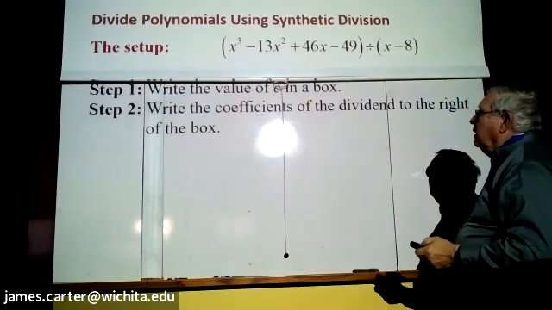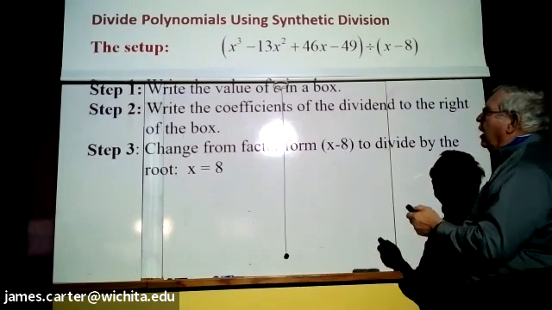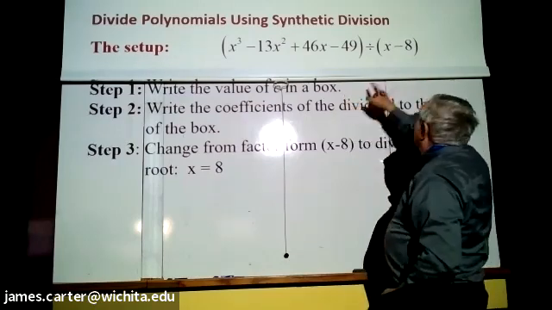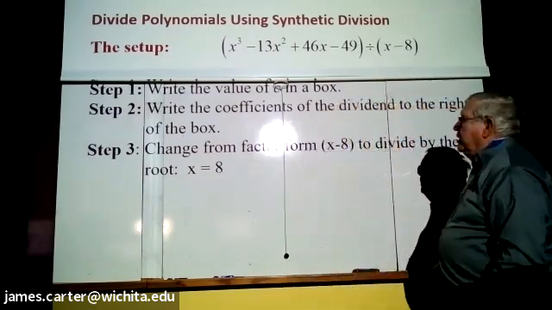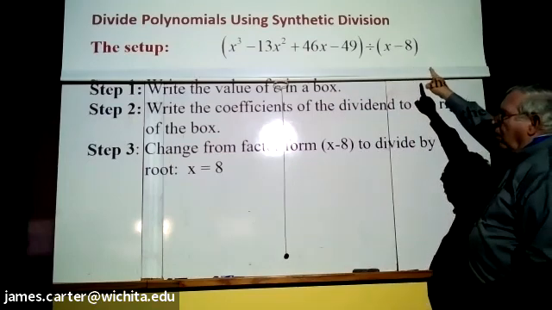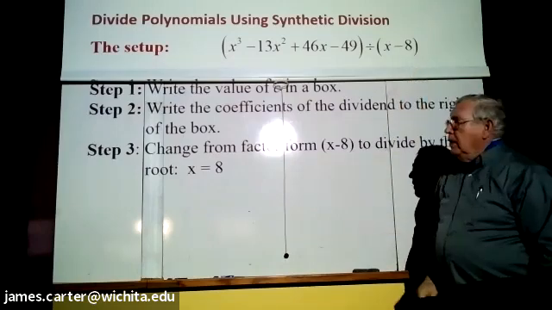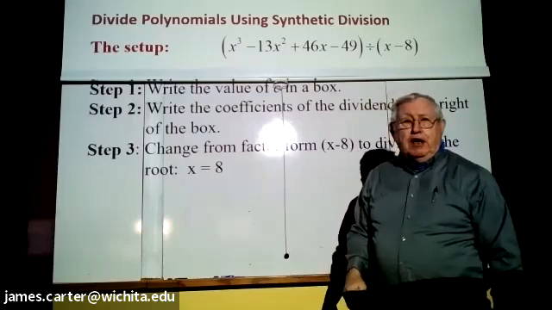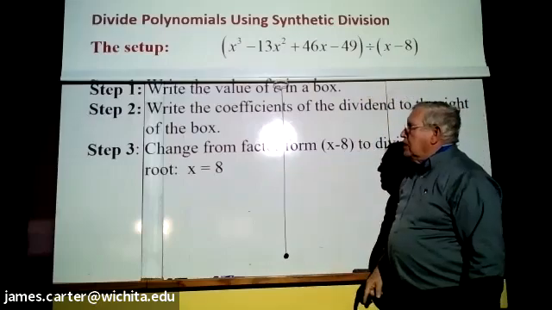When we write the value of c in a box, it'll always be the opposite sign. The reason for that is up here, this is in factored form. And remember, when you change from factored form to x equals form using the zero products rule, you add 8 on both sides, so you would get this.